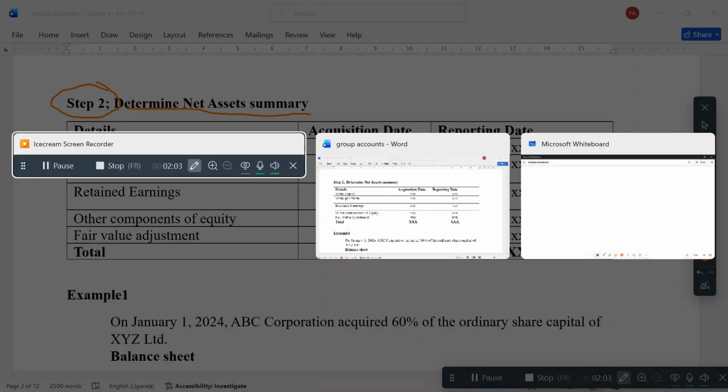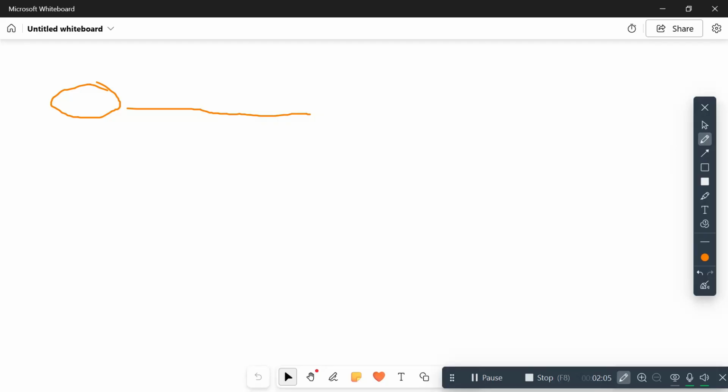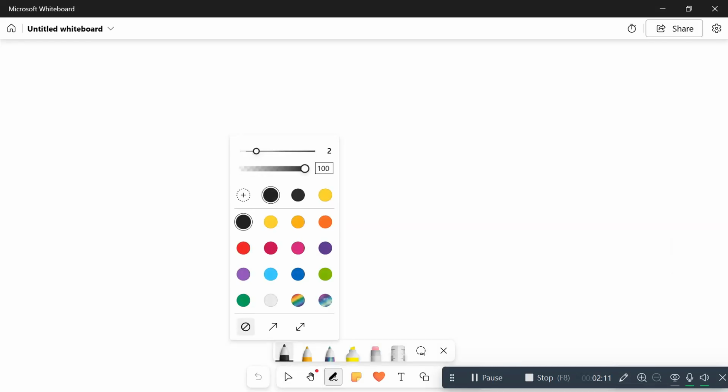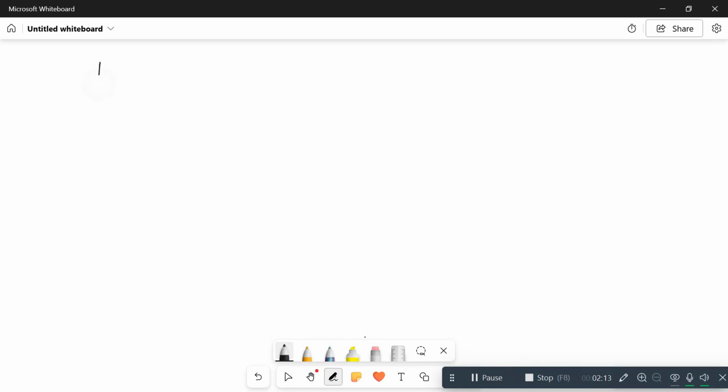When someone talks about net asset here, we all remember the accounting equation.